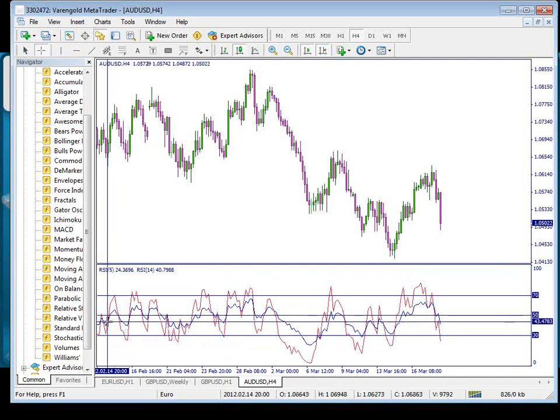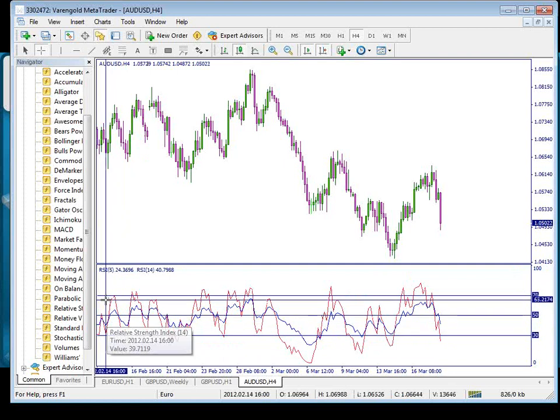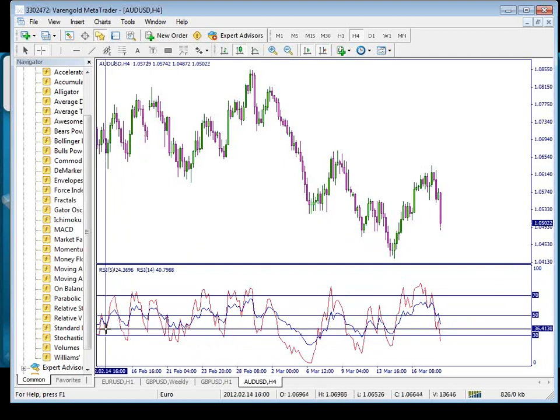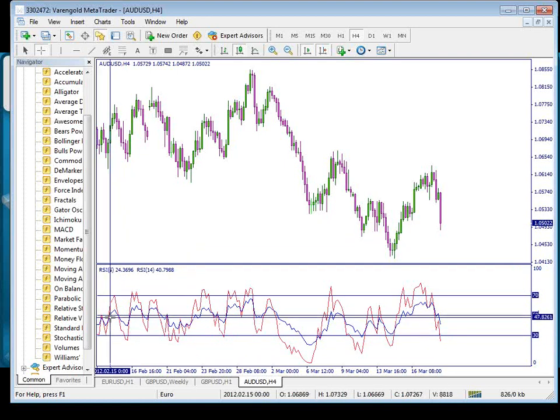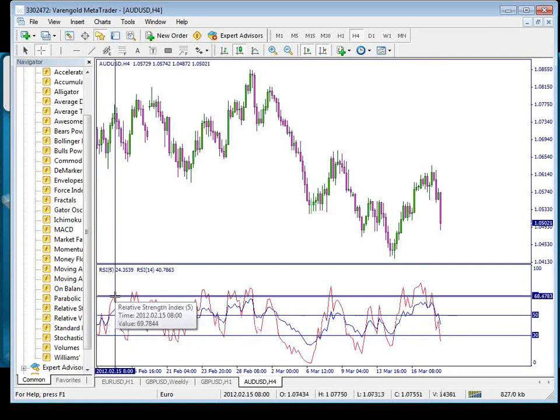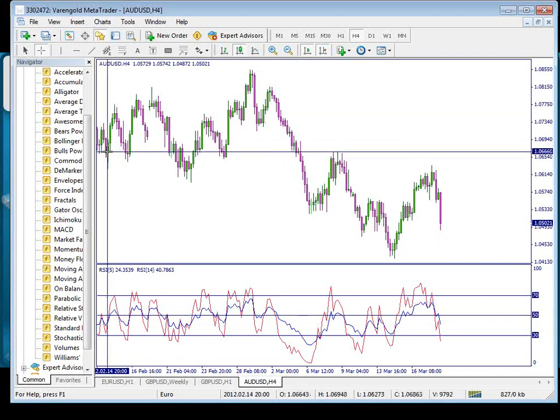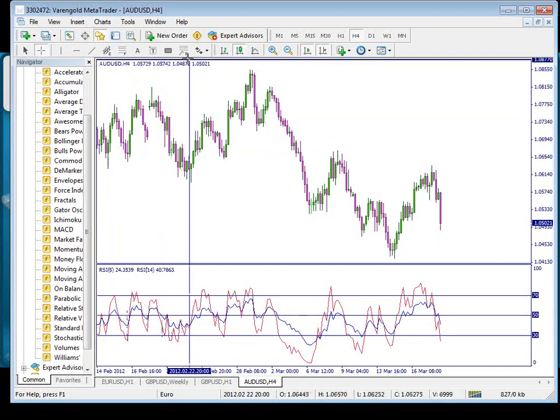You can see that here we have one cross of RSI. So when RSI 5 is coming from below and crosses RSI 14 and goes above the RSI 14, we have one signal for buy. I will mark it here.